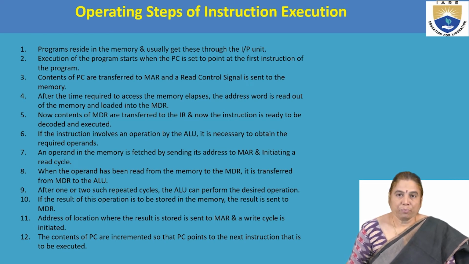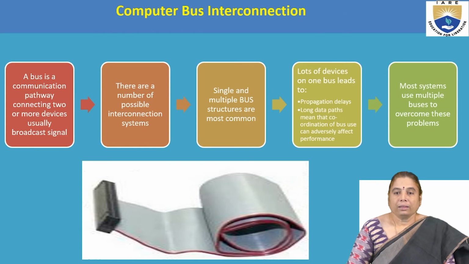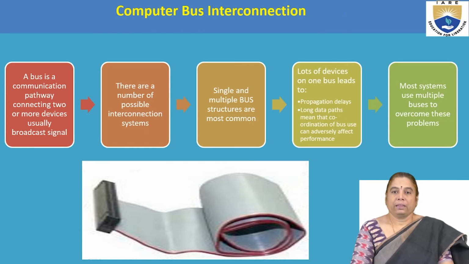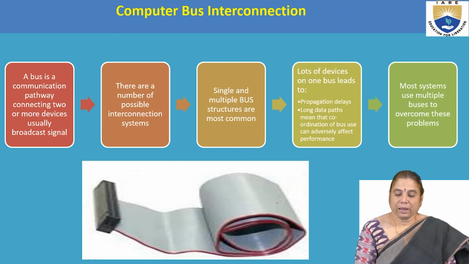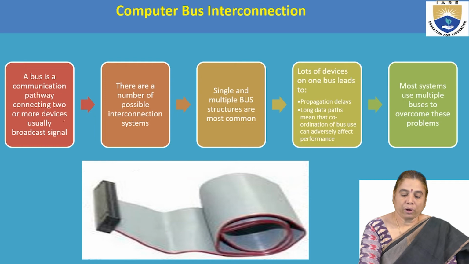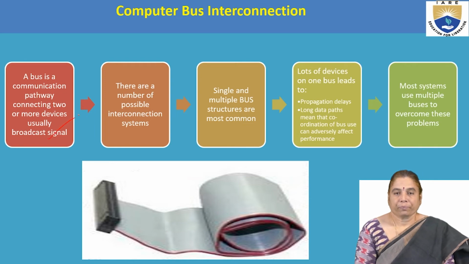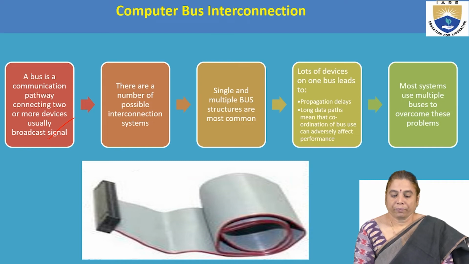So within the CPU, how the components can be connected, we discussed. But all these are connected with the bus. So this is the layout of the bus. A bus is a communication pathway connecting 2 or more devices. So a number of interconnections are possible, with more devices to be connected to the bus.